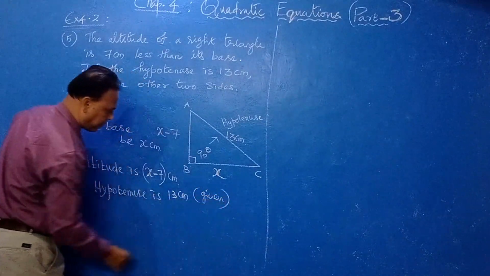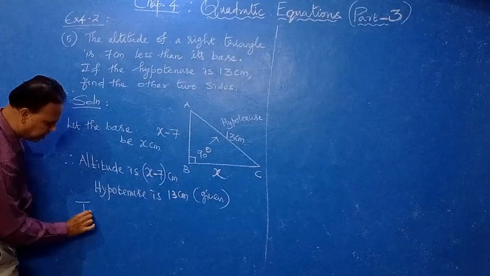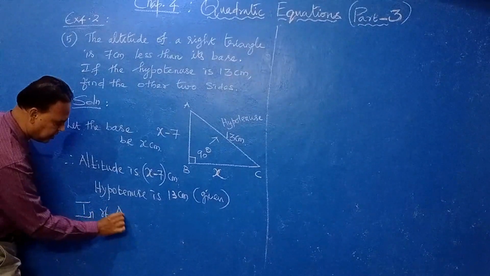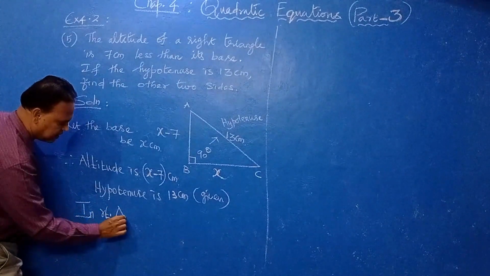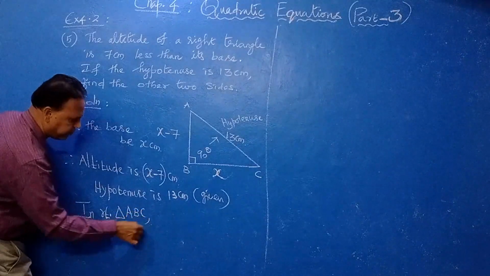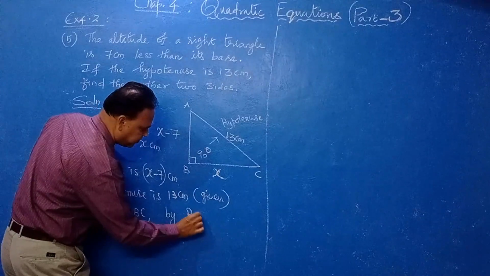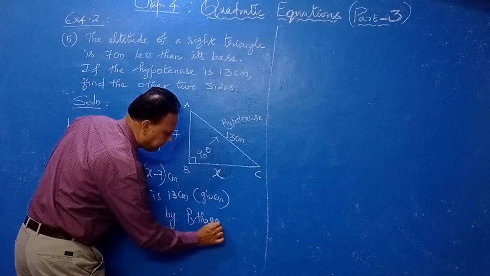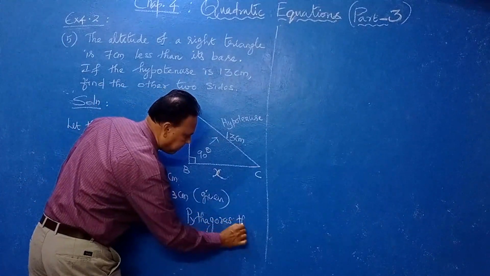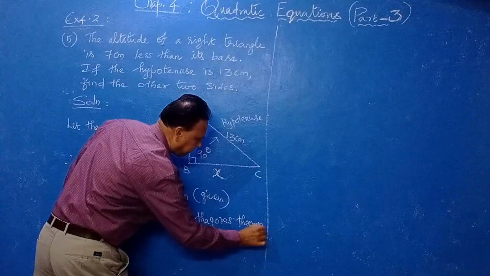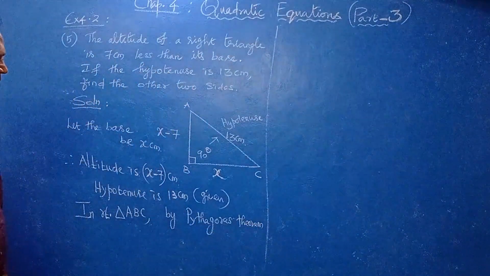Therefore, in right triangle ABC, by Pythagoras theorem. So what says Pythagoras theorem?